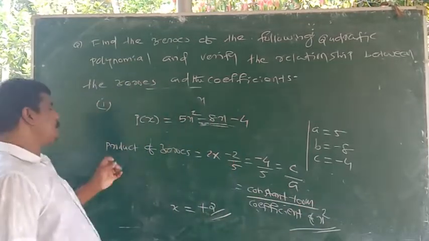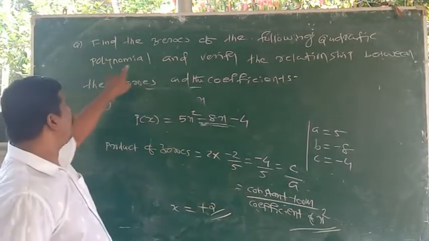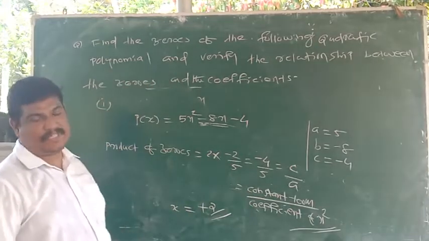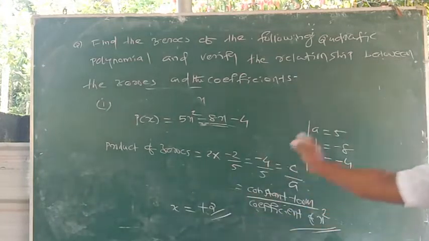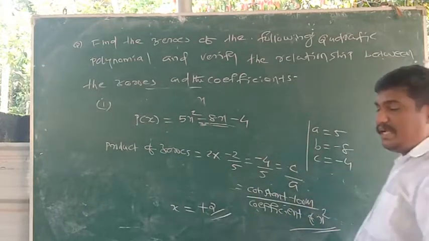So sum of zeros and product of zeros are verified. So this is the relationship between zeros and coefficients. First you find out the zeros, then verify the relation between the zeros and the coefficients. Very important question.